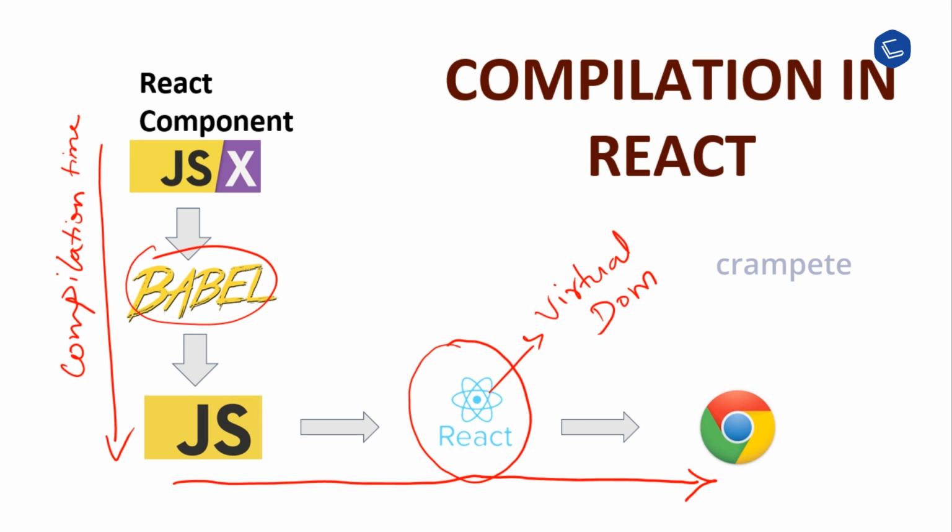JSX looks clean and readable, but it can't be interpreted by a browser. The drawback of JSX is that it's not readable by the browser. So we conclude, before our code can be interpreted by the browser, it needs to be converted from JSX into pure React. All JSX must be converted into createElement calls, that is, plain JavaScript calls.